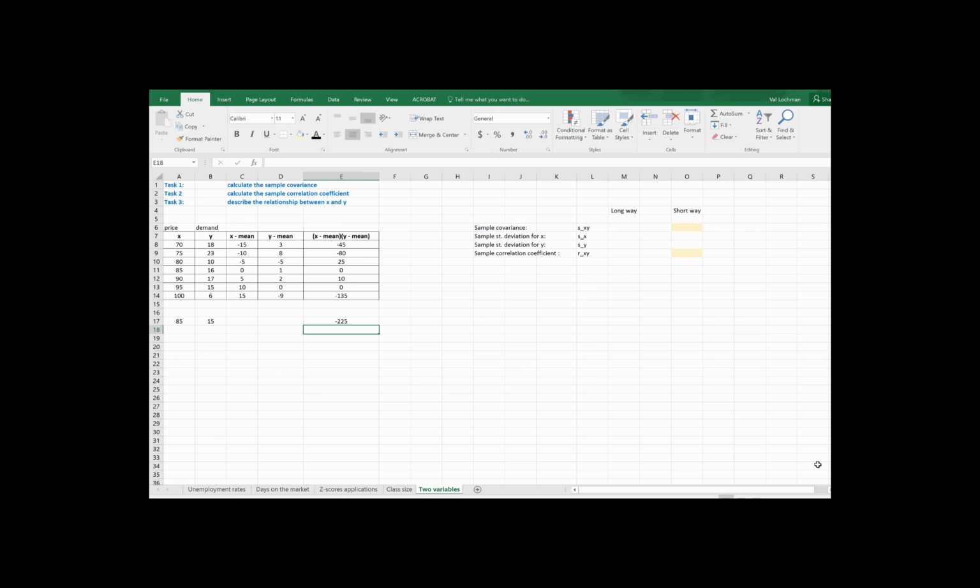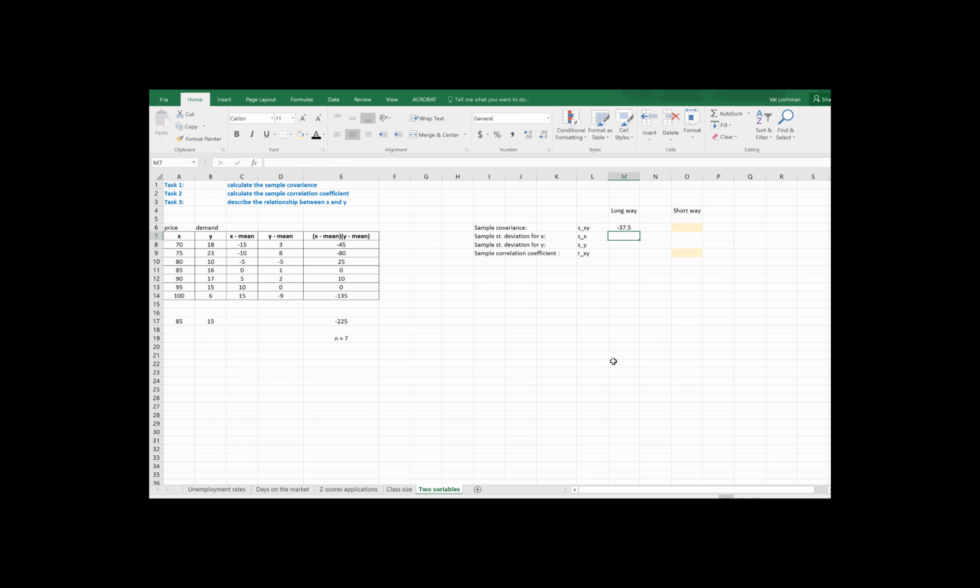To compute the sample covariance using the formula, it's the sum of these products divided by n minus 1. In our case, n is equal to what? 1, 2, 3, 4, 5, 6, 7. So the long way would be equal this summation divided by 7 minus 1, which is 6. Okay, so we get negative 37.5.